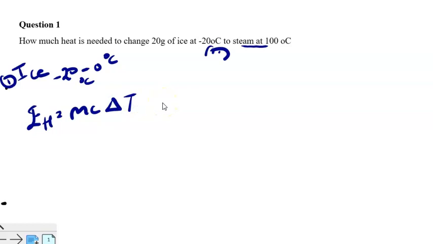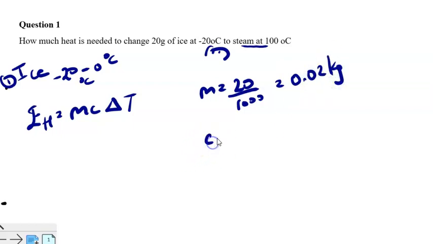Need to convert. Give me a second. I should have my calculator. It's not open. So let's see what we know. We know the mass here. The mass is 20 grams. Let's convert that into kilograms by dividing by 1,000, and we'll end up with 0.02 kilograms.